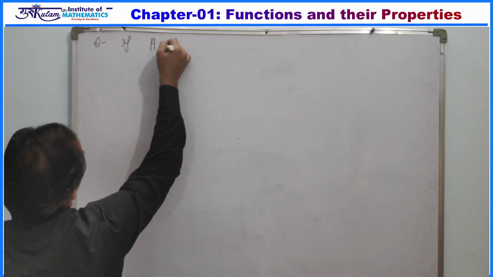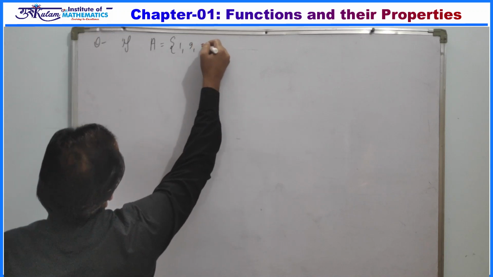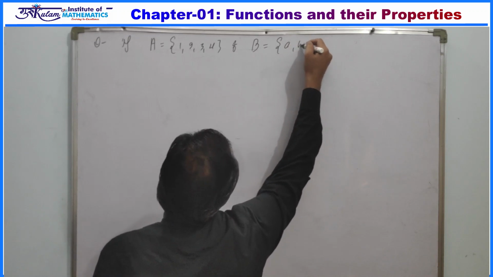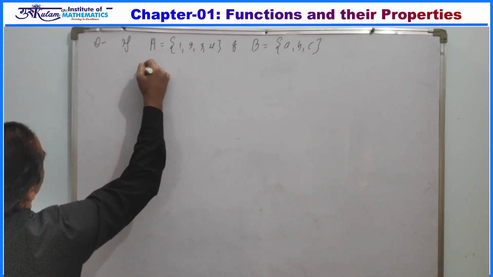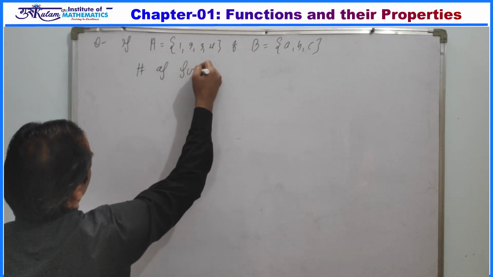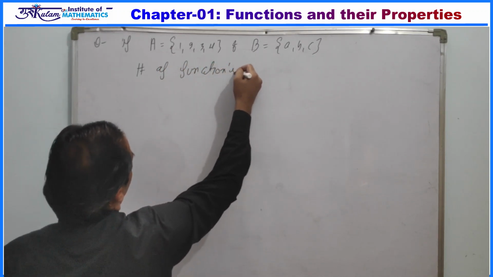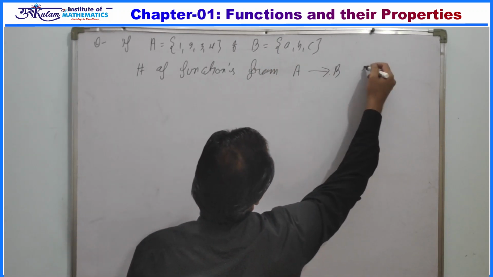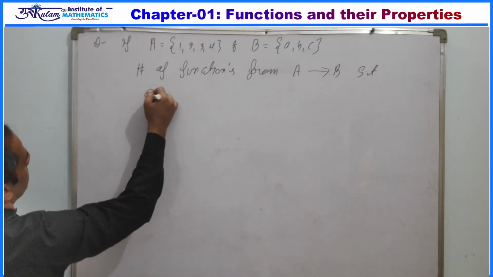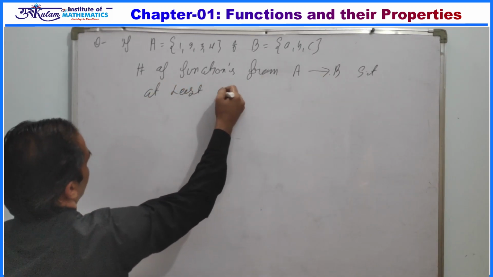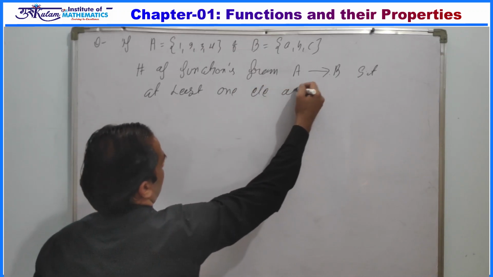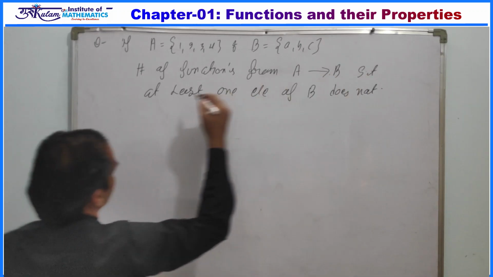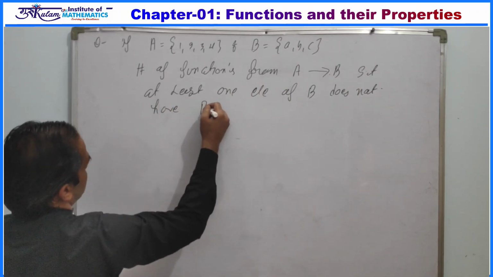If A has elements 1, 2, 3, 4 and B has 3 elements a, b, c, then the number of functions from A to B such that at least one element of B does not have a pre-image.